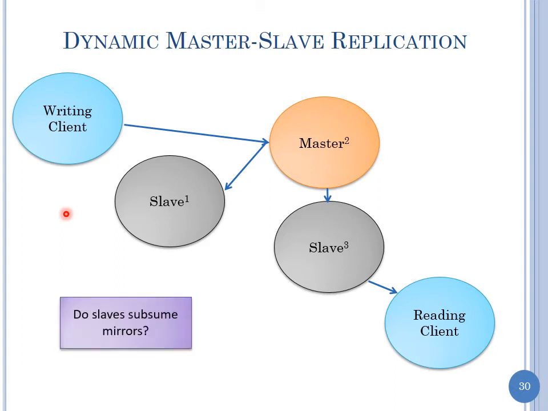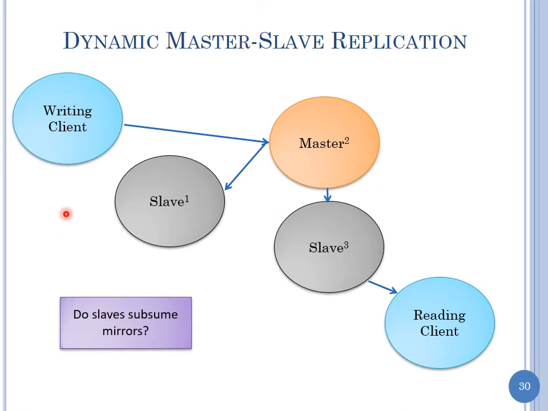So let's ask this question. Supposing I come up with this architecture or the one before it, do I need Akamai? I'm arguing that the Akamai situation is very different from the slave master situation. Whether a slave becomes a master or not is a small deal compared to the fact that a mirror becomes a slave.